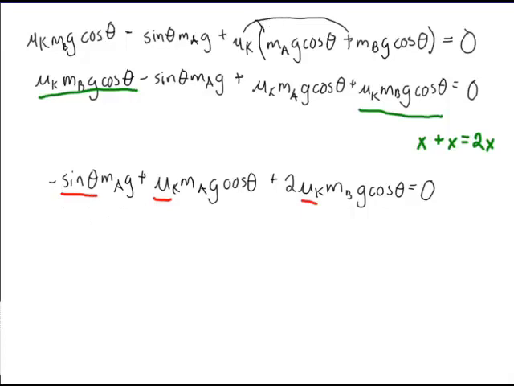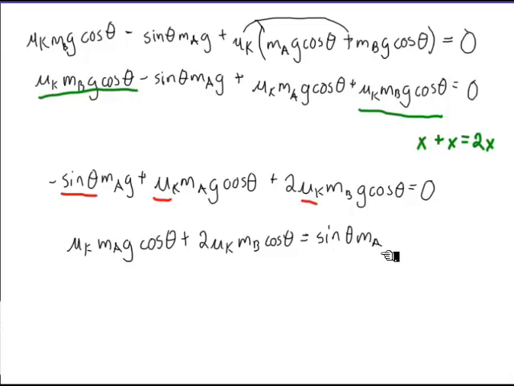So that's going to become mu_K M_A g cosine theta plus 2 mu_K M_B g cosine theta equals sine theta M_A g. And then hopefully you see the conclusion of this problem.